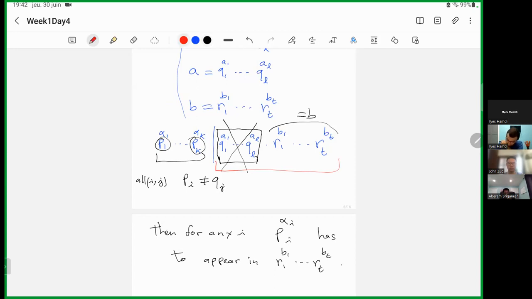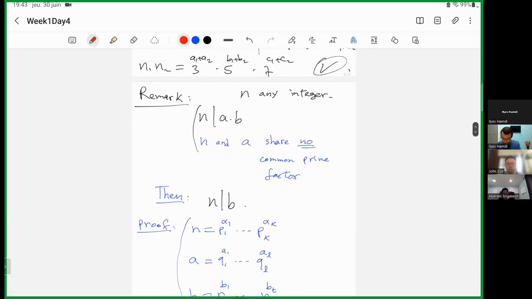Because Pi to the alpha I has to appear somewhere in A times B. We said the whole product divides A times B, so every factor Pi to the alpha I has to appear somewhere. If it's not in the first box, it has to be in the second one. That's the idea. Okay, so we'll discuss this again in the next lectures.